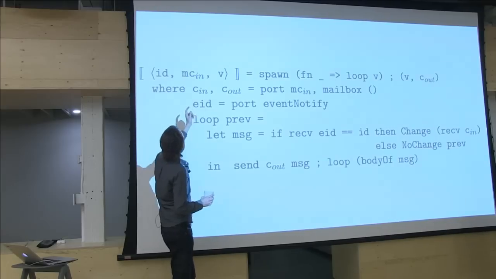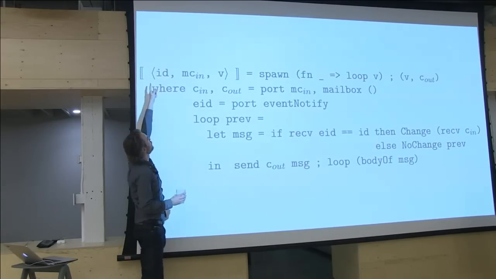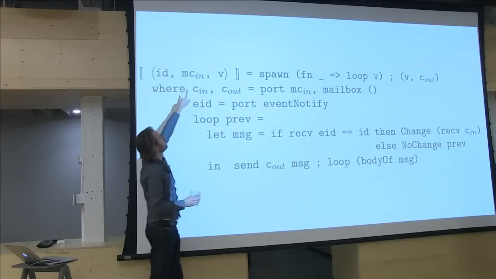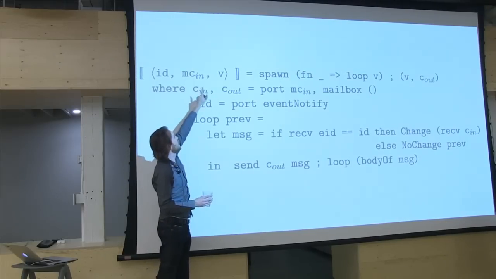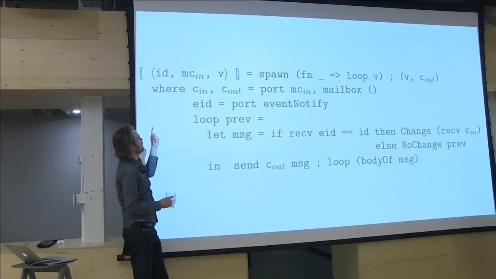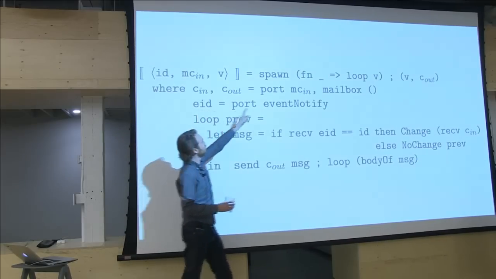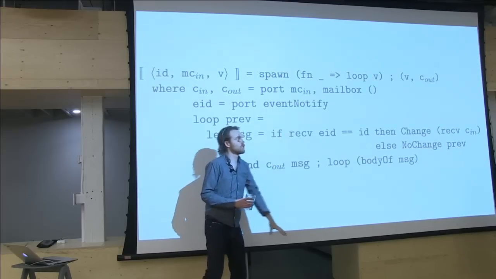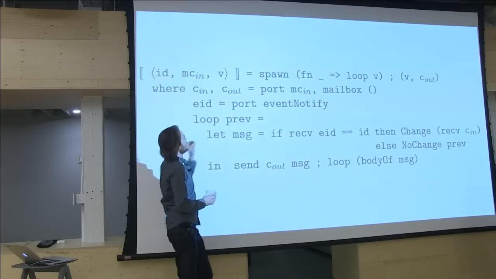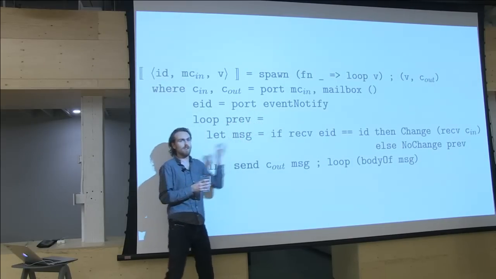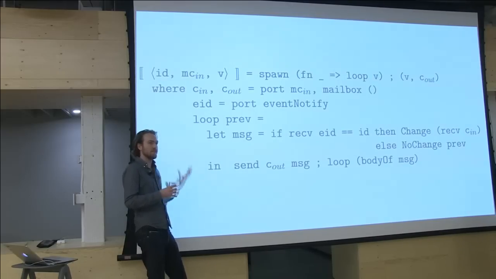When you define an input, you give it an ID, some unique ID that only mouse position has, for example, a channel of inputs and an initial value. Then you get a port from this multicast and make a mailbox as our output channel, and get a channel of event IDs that come in from the global event dispatch.